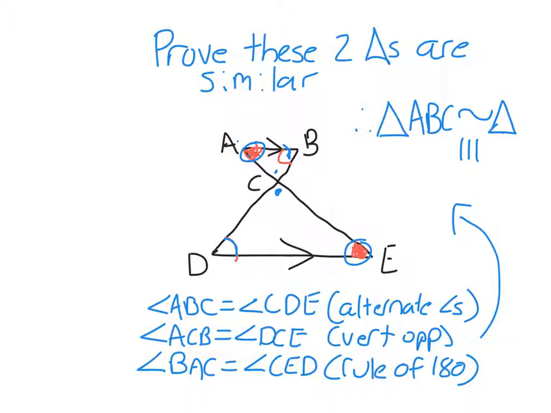So vertex A in the first triangle corresponds to E, vertex D corresponds to B. So I have to write E first because it corresponds to A, D second, and then C last because it corresponds to itself. So triangle ABC is similar to triangle EDC, and of course the reason is AAA. I just put that in brackets. So I've now proved that they are similar.